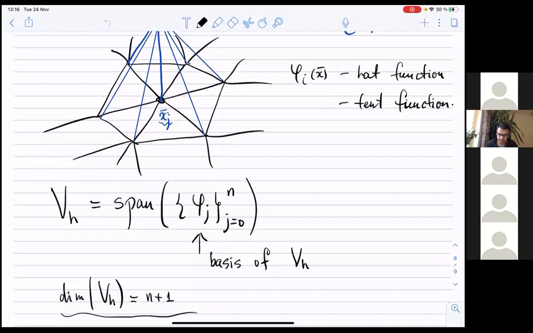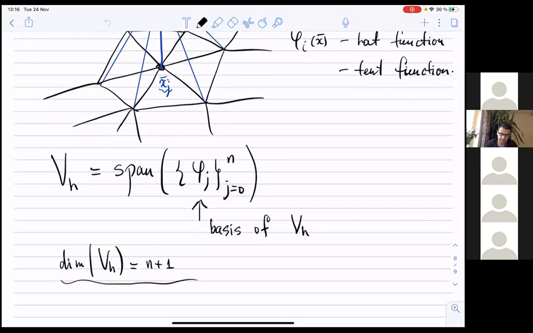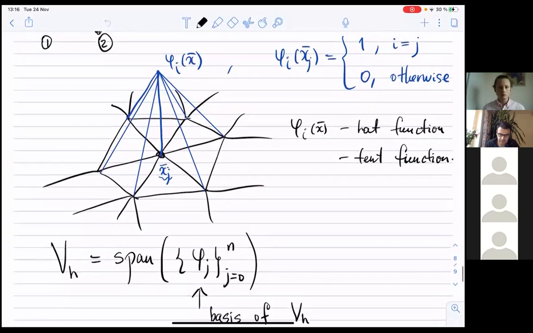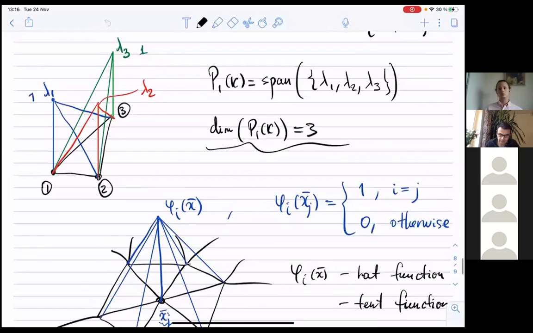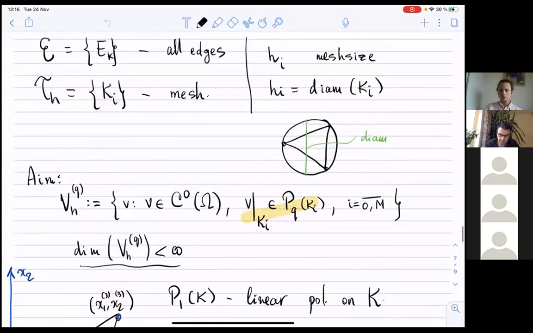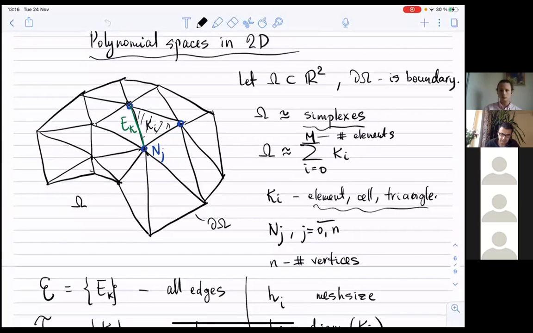Okay, so last time we started with polynomial spaces in 2D, and we discussed how to construct these spaces, and also when we have a domain, something like this. So let me activate my pen.